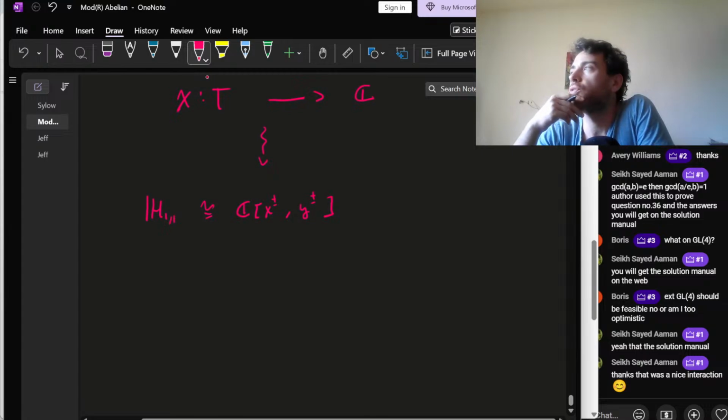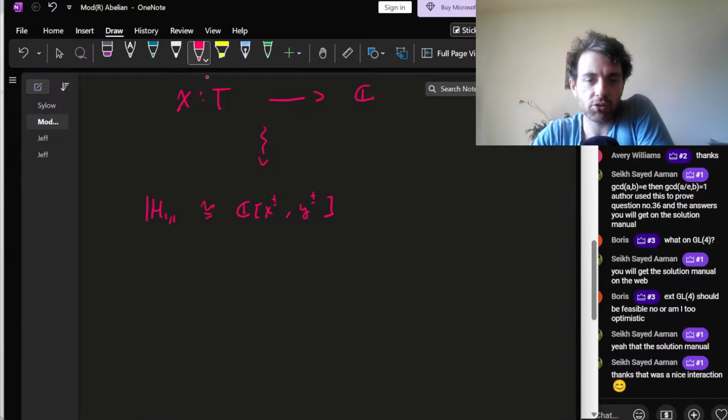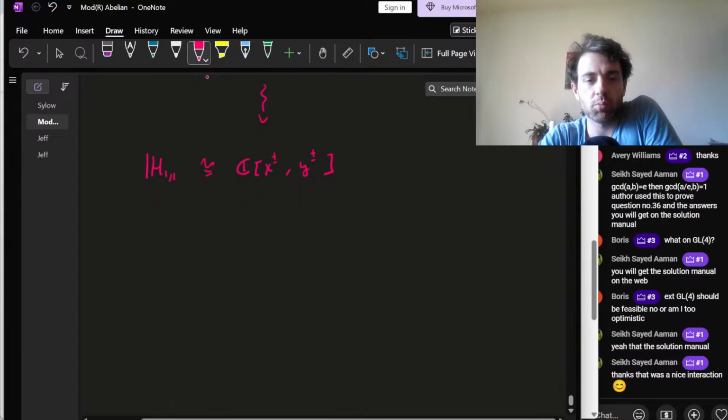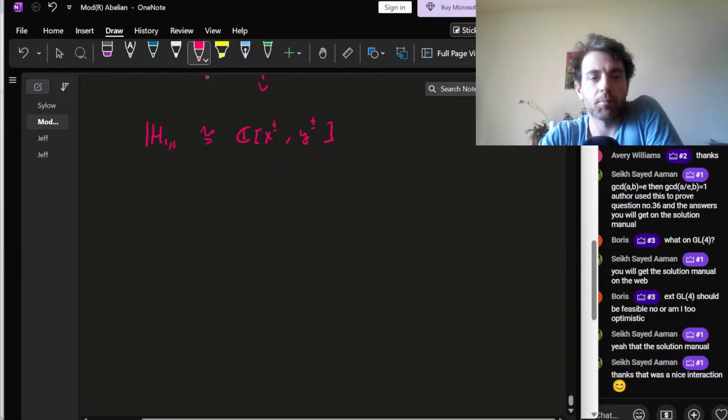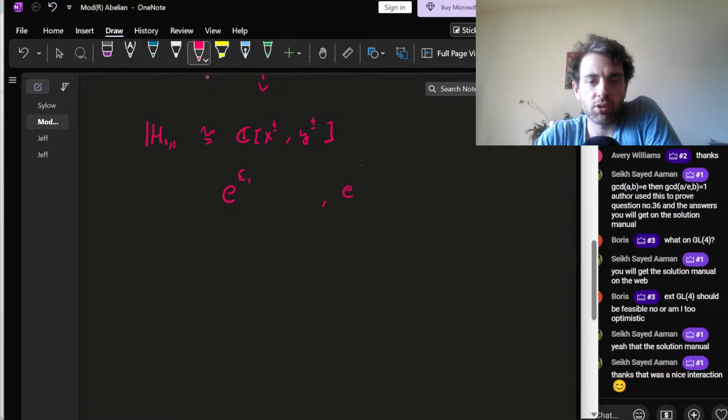And so if you have two characters, every character is completely determined by where we send our two generators. These two can get sent to any scalar you want. So X corresponds to this and Y corresponds to this, right?